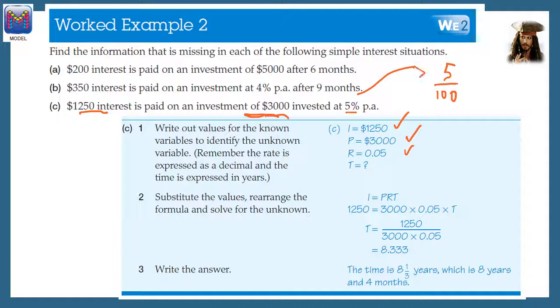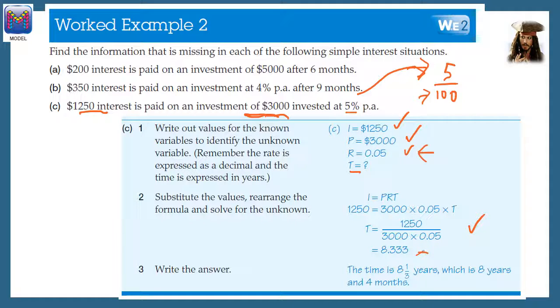That's the easiest way to think about it: take your interest rate and stick it over 100. If you'd like to work that out to a decimal, you can do that, or you can just do it all in the problem. Rearrange the formula. We want to find T, which we've done down here. And what did we get?